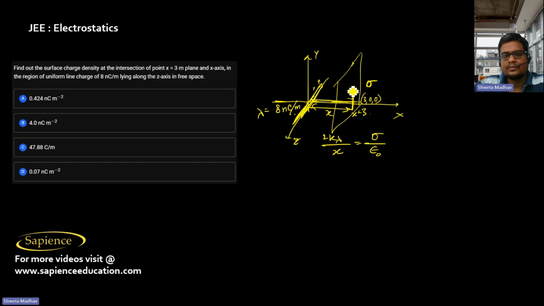Sigma by epsilon naught, since some induced charge will be formed here and also here.